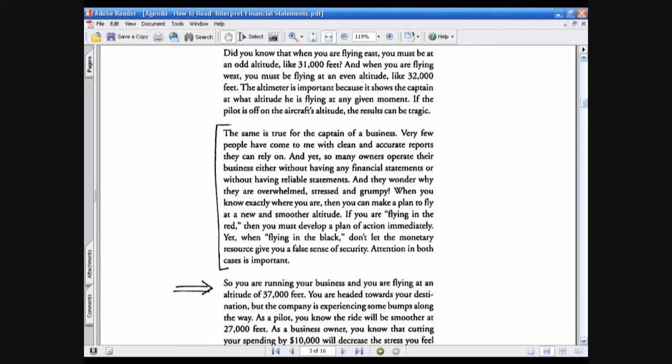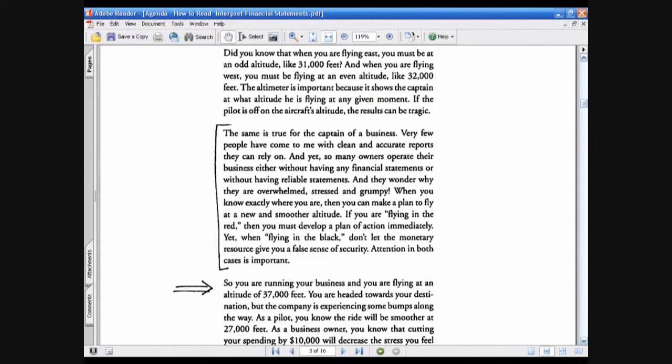The same is true for a captain of a business. Very few people have come to me with clean and accurate reports they can rely on. And yet so many owners operate their business either without having financial statements or without having reliable statements, and they wonder why they are overwhelmed, stressed, and grumpy.